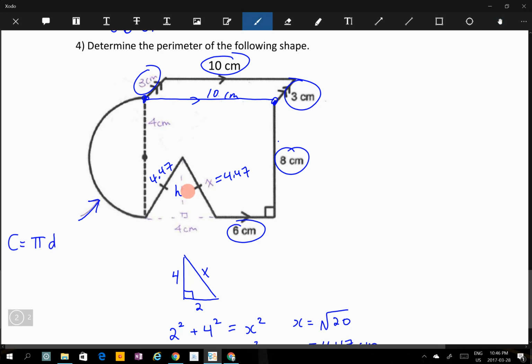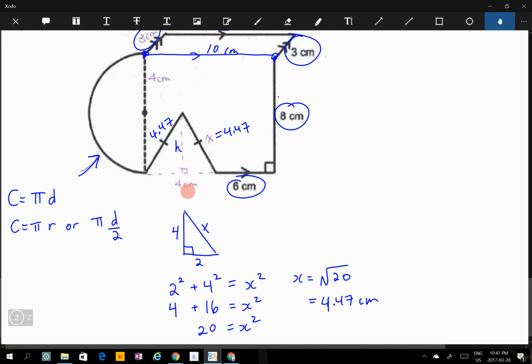But if it's only half a circle, then the circumference is equal to pi times the radius, or you could say pi times the diameter divided by 2. It's only half the circle. So the radius of this is 4 centimeters. So I'm going to say circumference equals pi times 4, and the answer to that is 12.57.